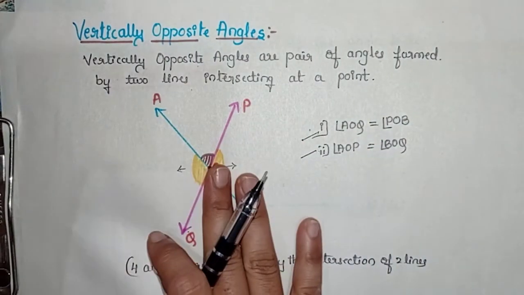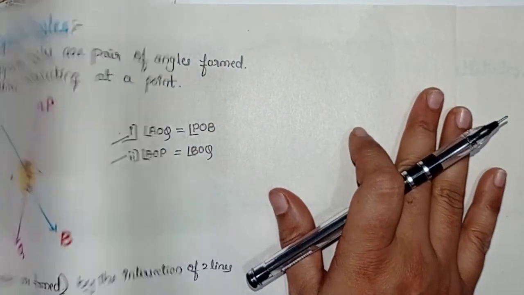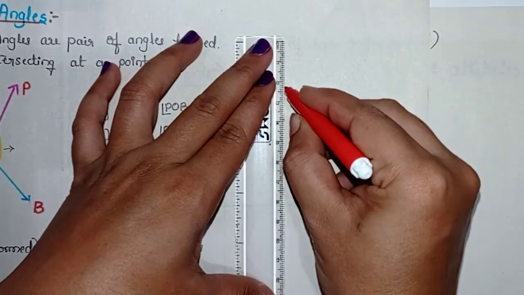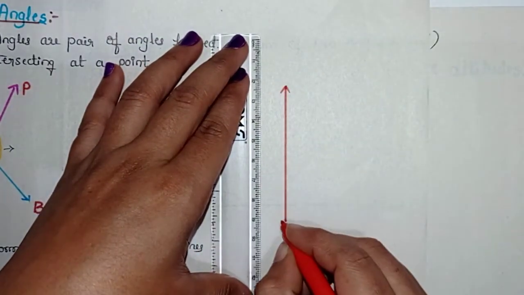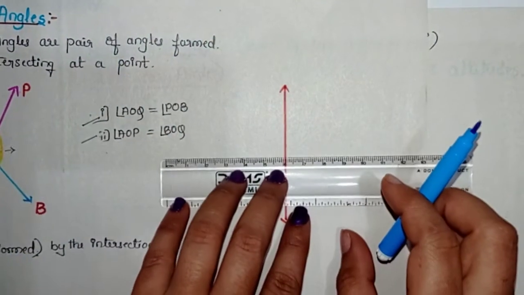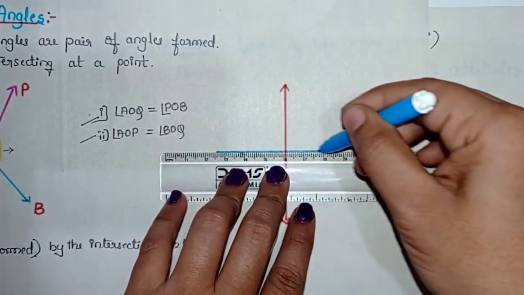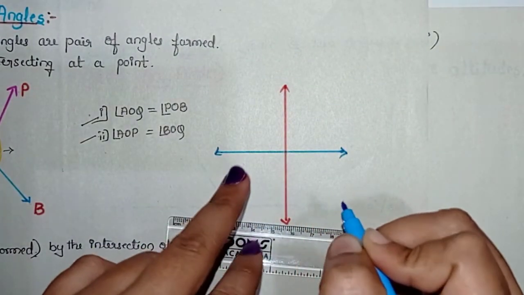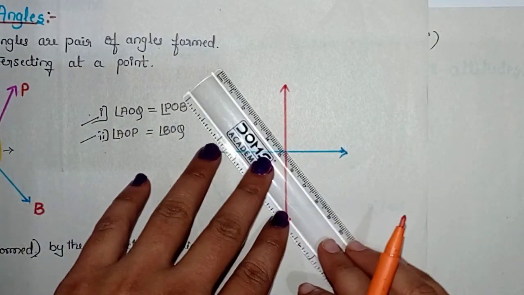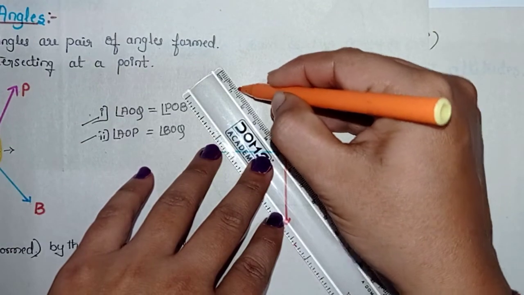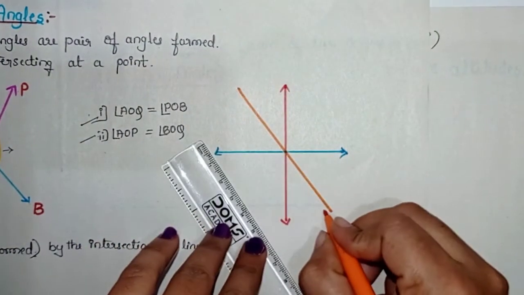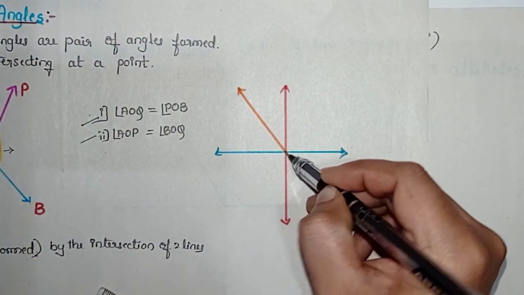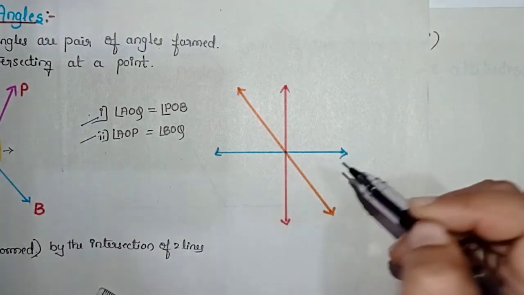Let us see one more example so that you can understand. If I draw one red color line here and one more blue color line which is intersecting over this red color line, in this case we get only two pairs of vertically opposite angles. If I draw one more line over that at the same intersection point, we'll have one more pair of vertically opposite angles.